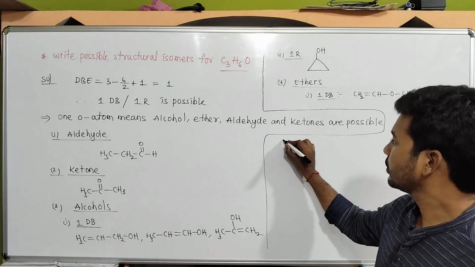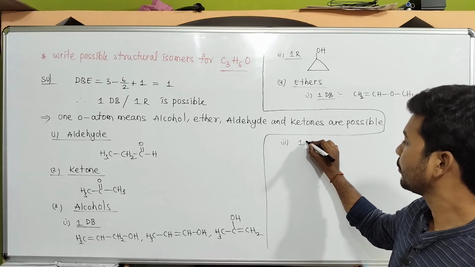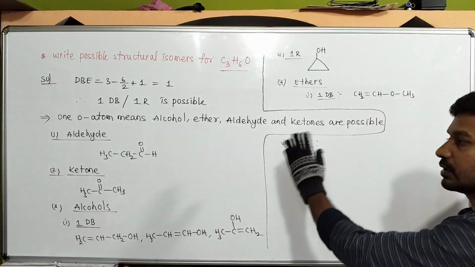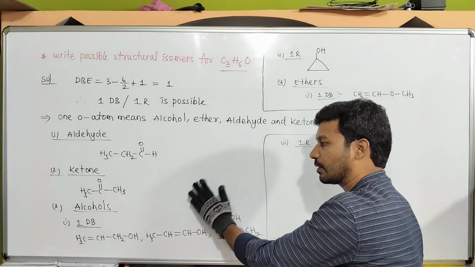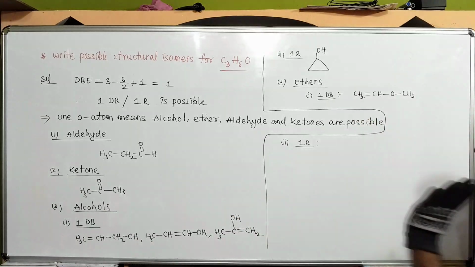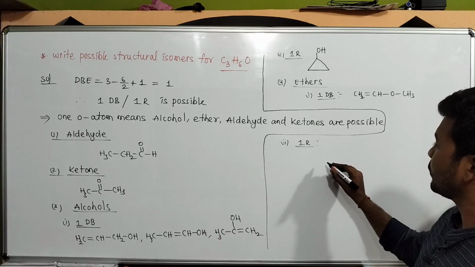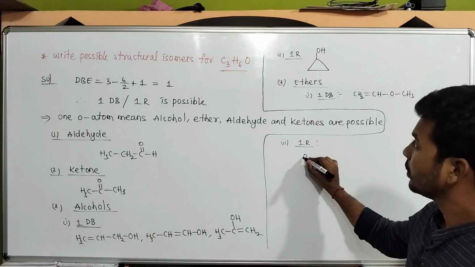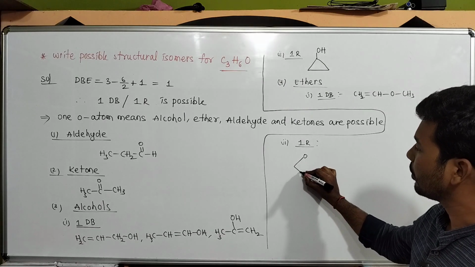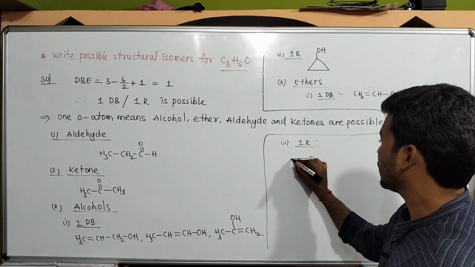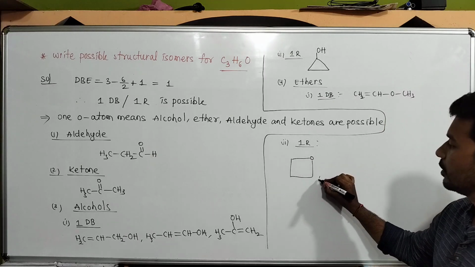In ethers, second possibility, one ring. In all those four, aldehydes, ketones, alcohols, ethers, one double bond and one ring are verified. So here one ring with ether, with 3 carbon atoms. So 3 carbon atom cyclic ether, this one is possible.